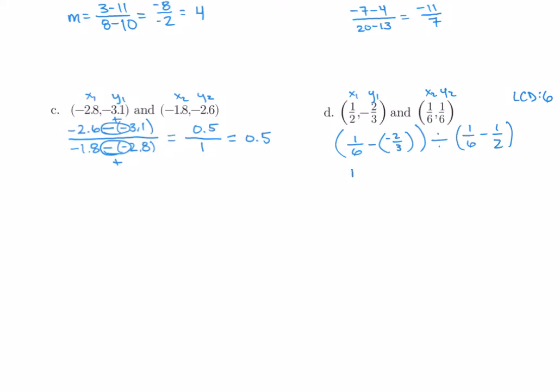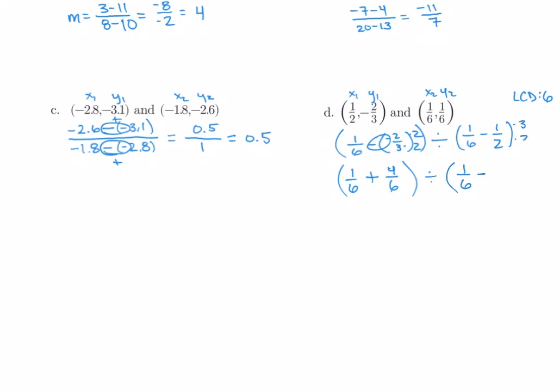So if we go ahead and work with this, we get 1/6. We have our minus and negative becomes a plus 2/3. To write that with a denominator of 6, I want to multiply by 2. I'm going to do the same thing to the top, so we get 4/6. Keep it inside the parentheses. The second one, 1/6, stays the same, and we get minus.